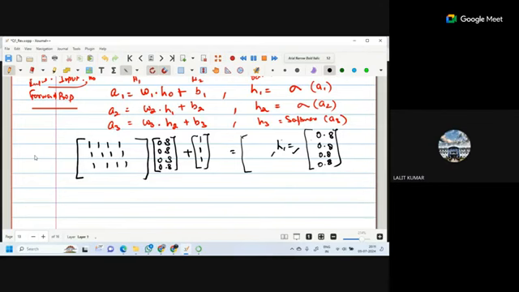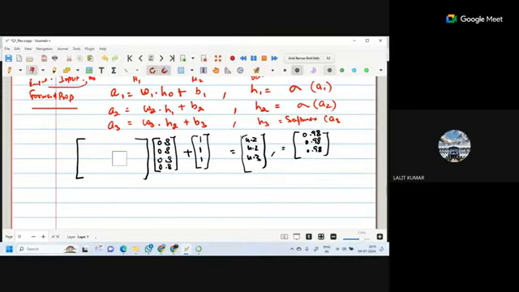I think it will be 4.2, 4.2, 4.2. Yes, 4.2. So now your H2 will become how much? 0.985, very good, 0.98, 0.98, 0.98. Now what do we calculate? Now we take W3. W3 is 2 into 3.